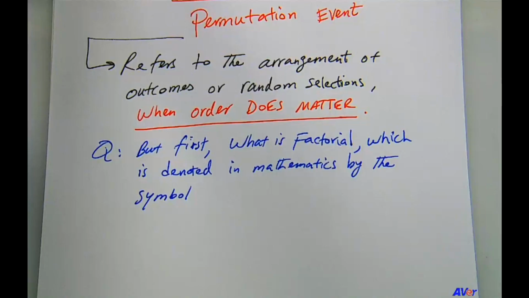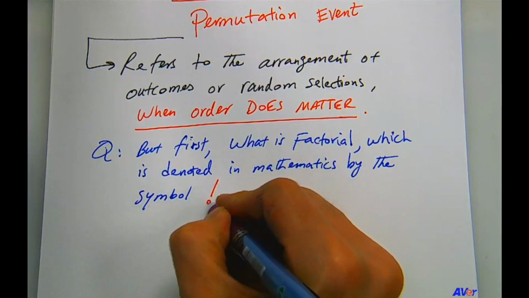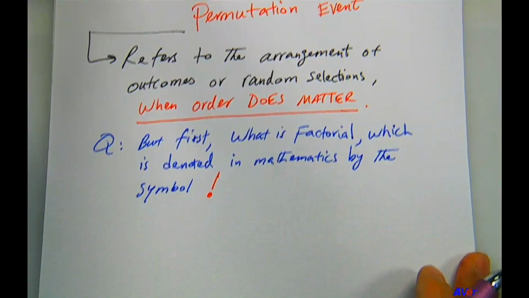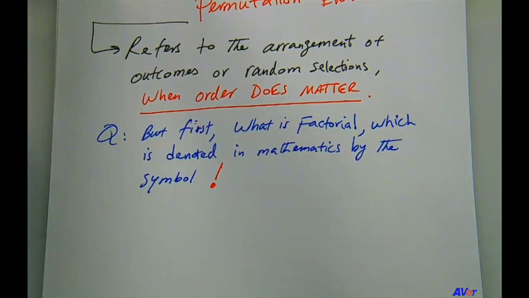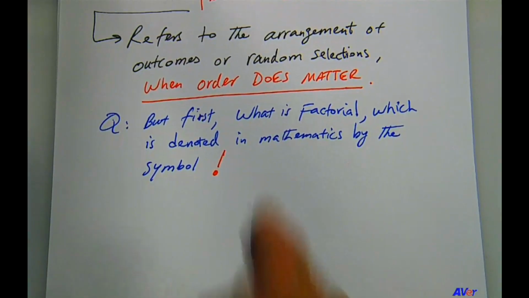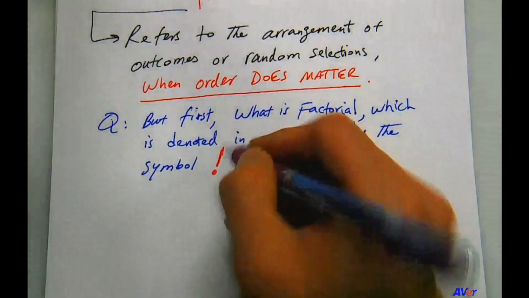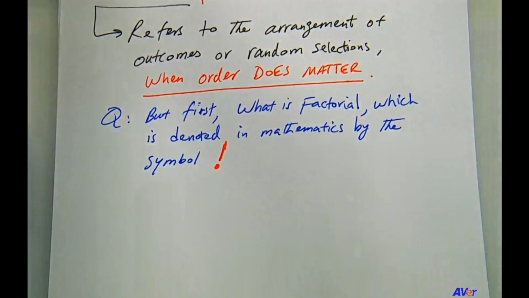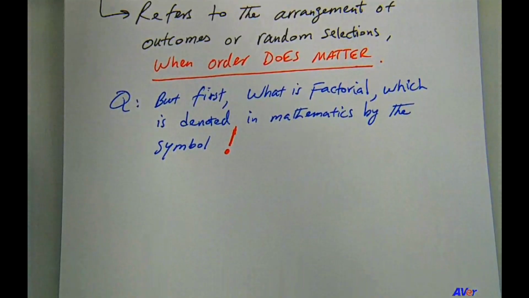By the symbol exclamation mark. We've known that as the exclamation mark, right? In mathematics, this notation represents a factorial. So let's see how it was defined.